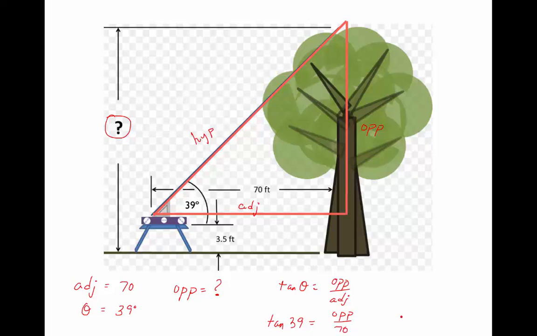So then you plug in what you know, solve for what you don't, right? So we're going to solve for opposite, which would equal 70 tangent of 39. Make sure your calculator is set to degrees to give us that tangent.